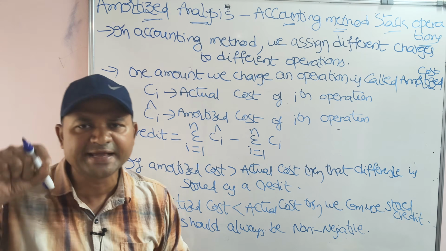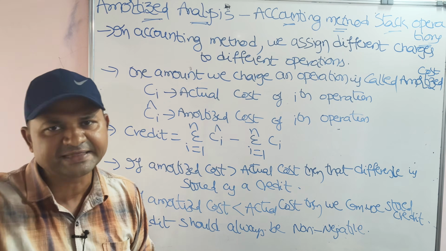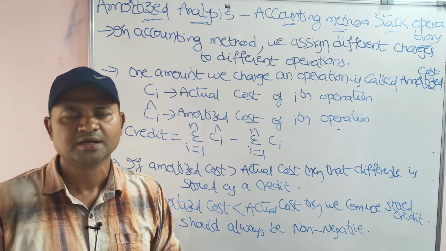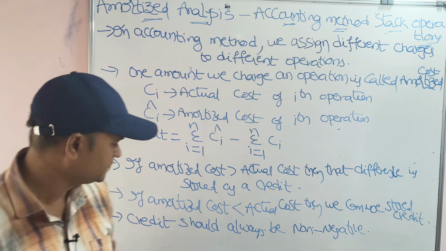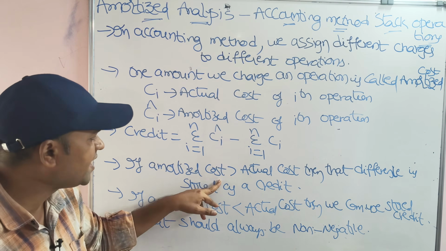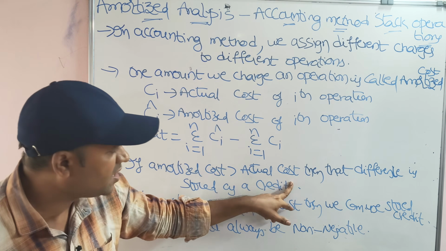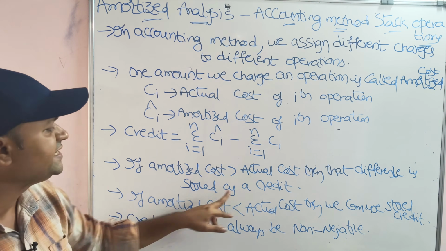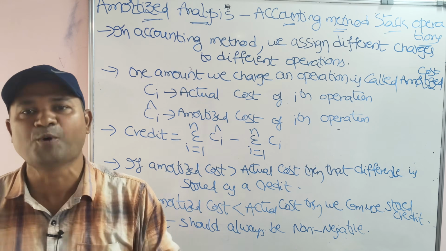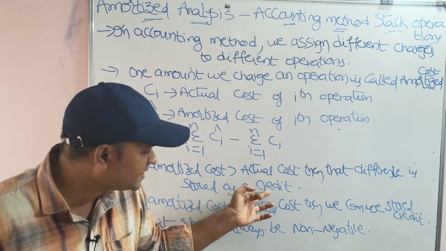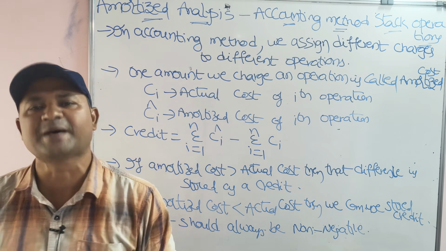Here amortized cost may be greater than actual cost or less than the actual cost. If amortized cost is greater than the actual cost, then the difference is stored as a credit, just like a bank deposit. We can use that credit for our future purposes.